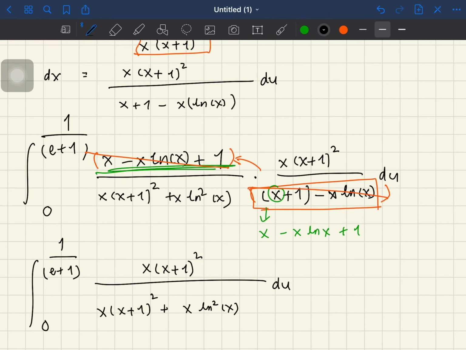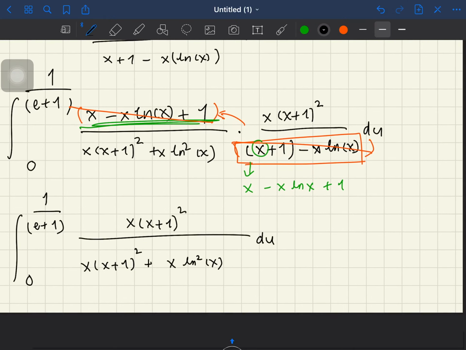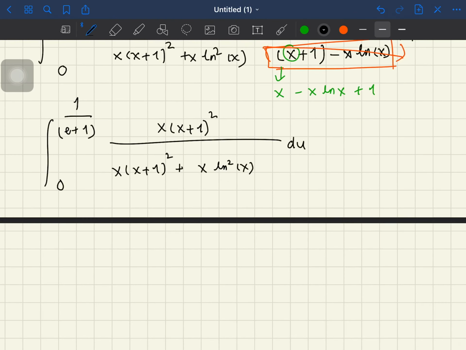It's very hilarious because we do not have u, but you will soon see the u by dividing the denominator and the numerator by x times x plus 1 squared. Dividing each of them by x times x plus 1 squared, the numerator becomes 1.